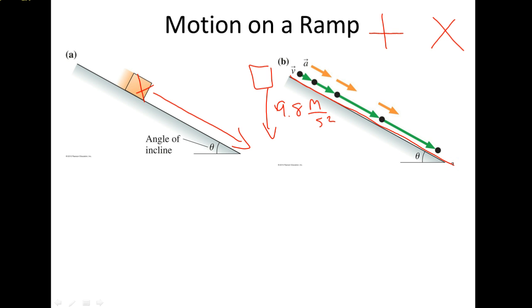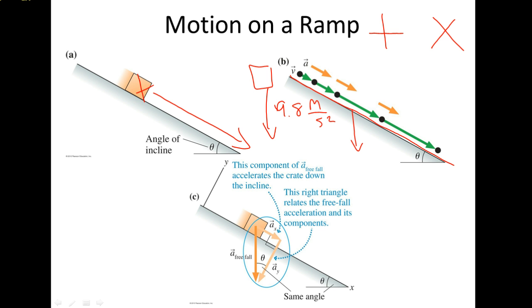Now gravitational acceleration still does go straight down towards the center of the earth, and that's what's going to help us do our trig. So we pretend that we've tilted that x-axis. Now I've got the y-axis going in this direction here. The y-axis still occurs at 90 degrees to the x. I'm not changing that on you, and that's okay.